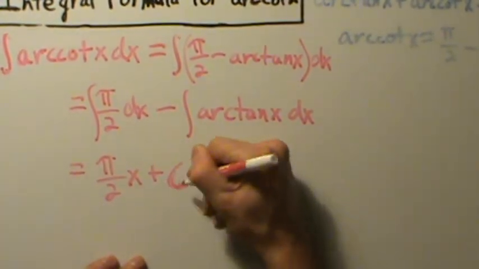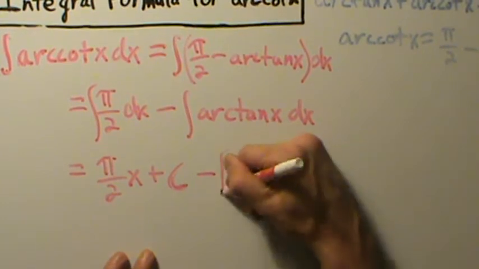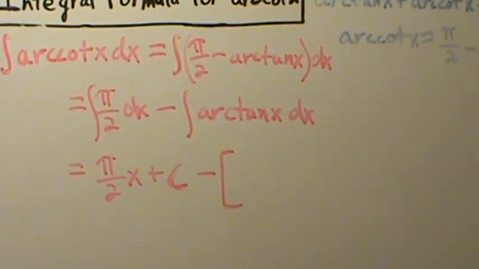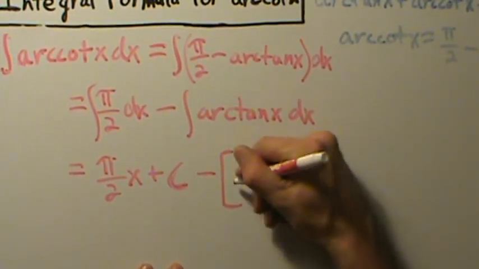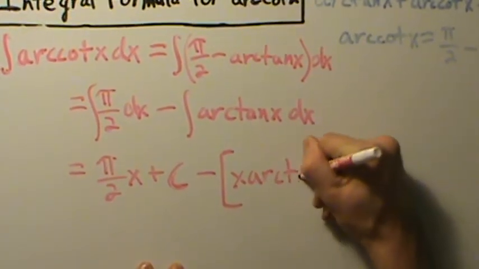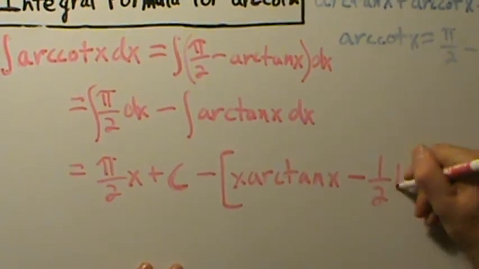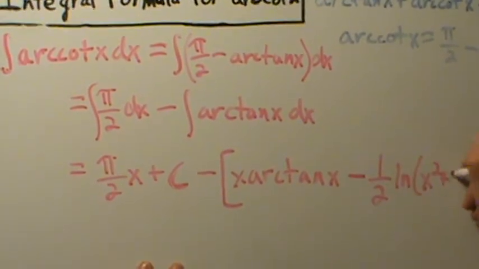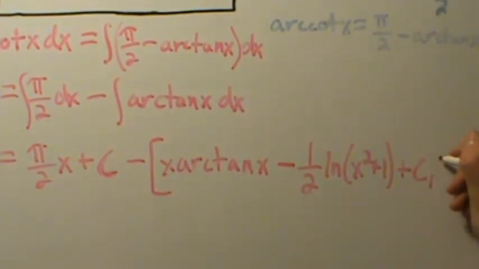And then minus, what is the integral of arctangent? We did that in the previous video, and if you saw it, you may recall the answer was x arctangent of x minus 1/2 natural log of x squared plus 1 plus an arbitrary constant, which I'll call c1.